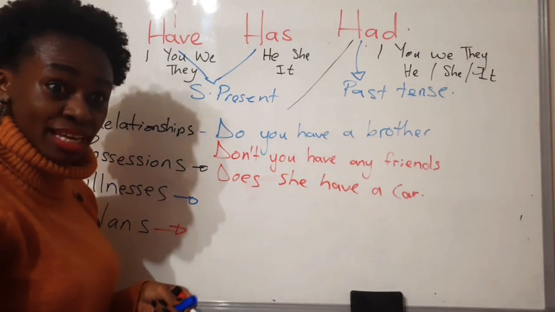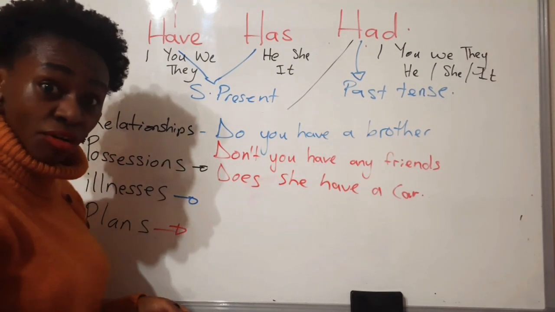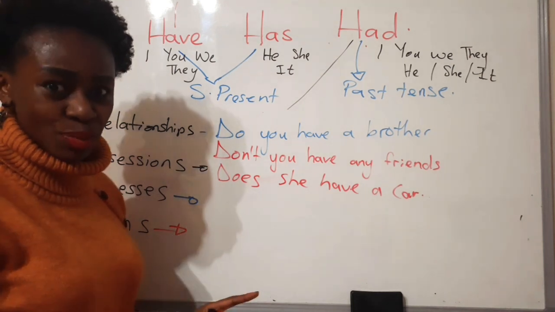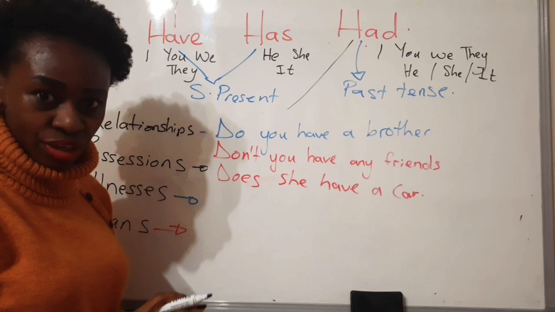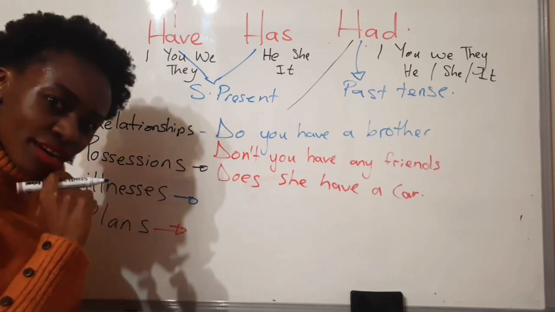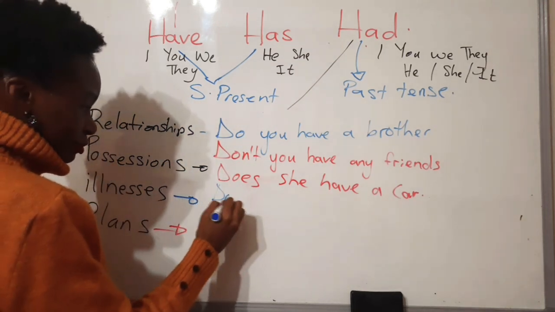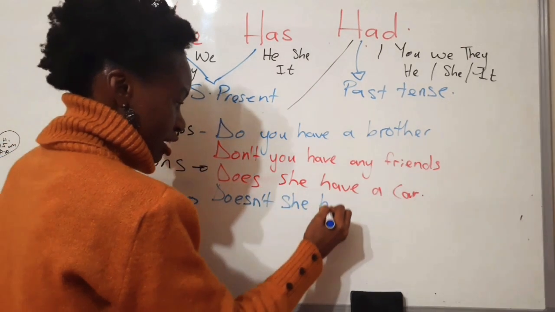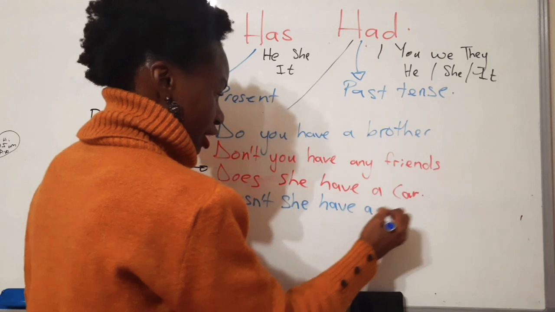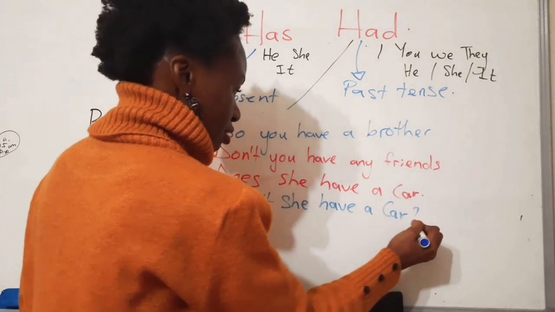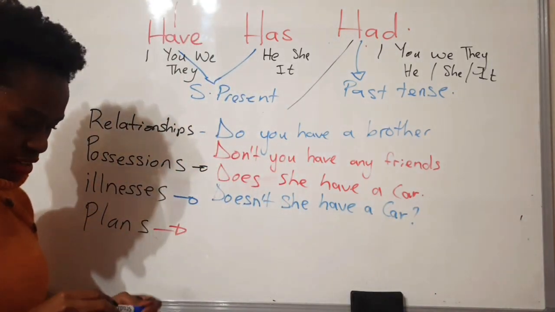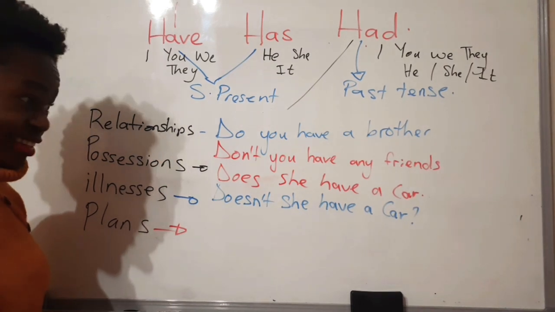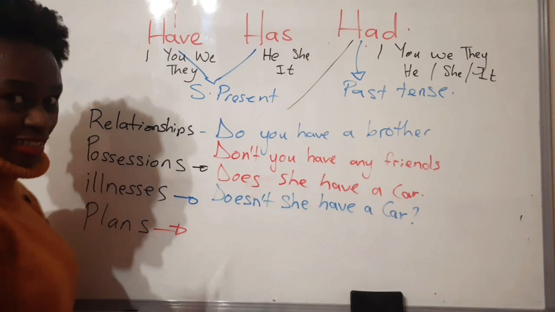For example, you say, my friend couldn't get home because it was late. The public transportation wasn't working. And you ask, doesn't she have a car? I think she has a car. No, she doesn't have a car.